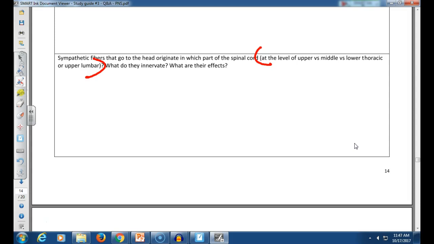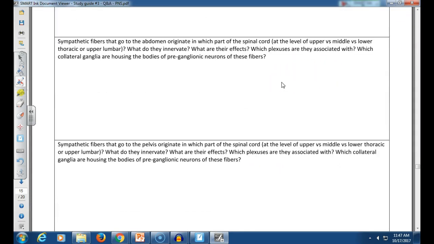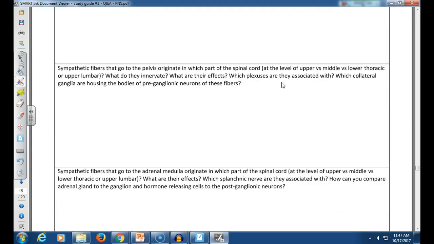T1. Does that make sense? You won't get a question T1, T2, T3, T4. I'm not going to do that. It's going to be very distinctive. Thorax, all the same. Abdomen. So it all goes the same.